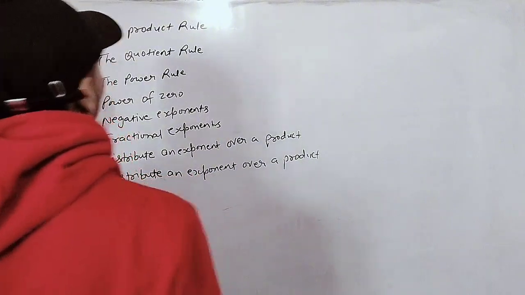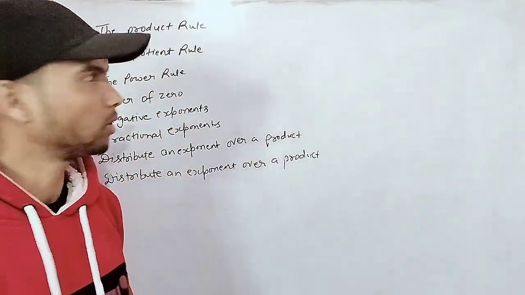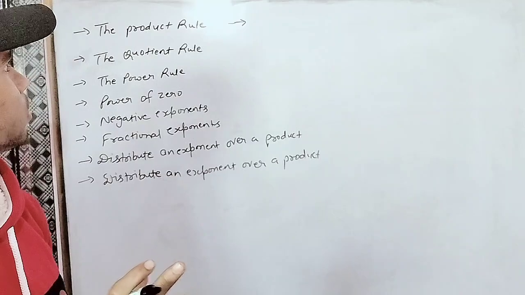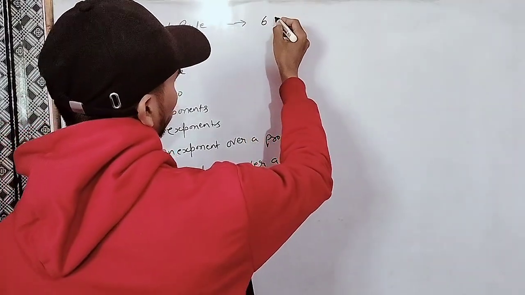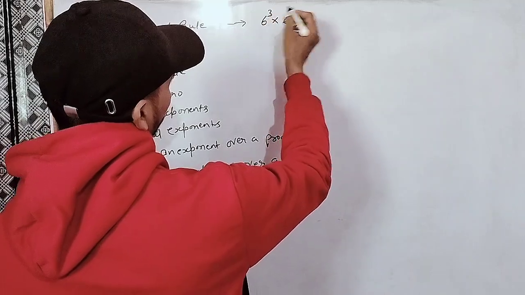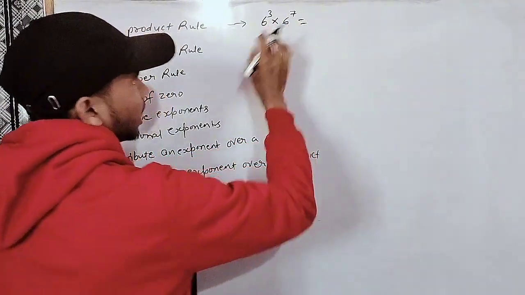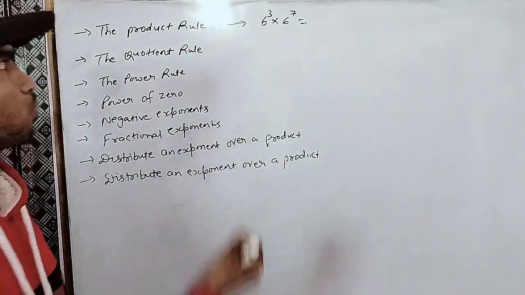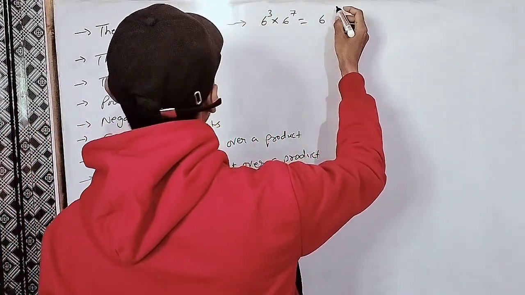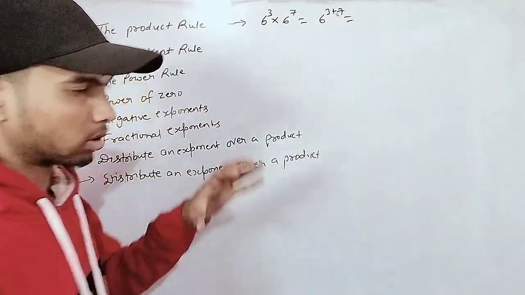Just a recap. So in the case of the product rule, whenever we are going to use the product rule, it means we have the same base, and the exponents are different. Then the product rule says that the exponents will be added, because we have a common base.